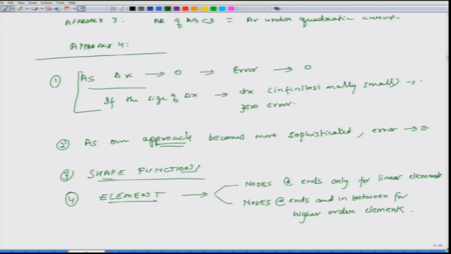Okay, is this clear? Now, how do we use all this theory?